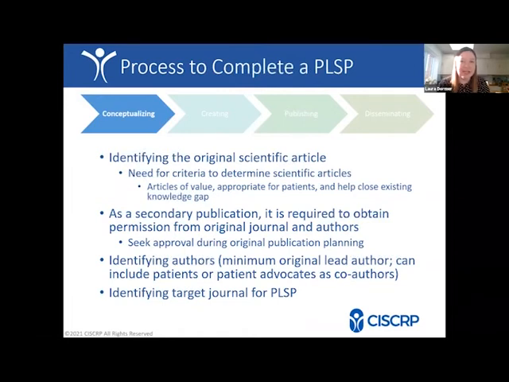In terms of thinking about a target journal, something that we always recommend, and I know a lot of other publishers are very keen for people to do, is for author groups to make a pre-submission inquiry if they're interested in publishing, either in a specific journal or just more broadly, to find out what journals might be suitable based on the scope of the PLS or the paper that they're working on.